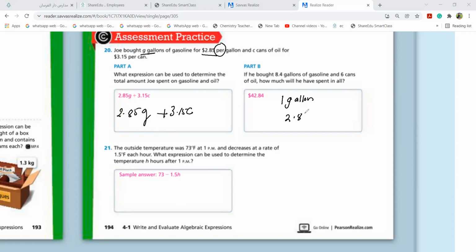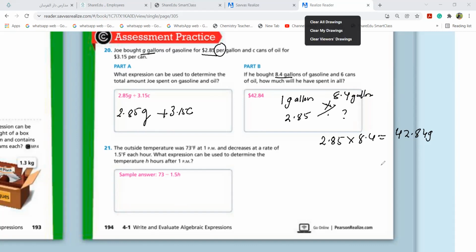Okay, 2.85. And they ask you, what is the cost of 8.4 gallons? So you will definitely multiply 2.85 by 8.4. What is it equal to? 42.84. Once again, plus 6 cans, 3.15 multiplied by 6.